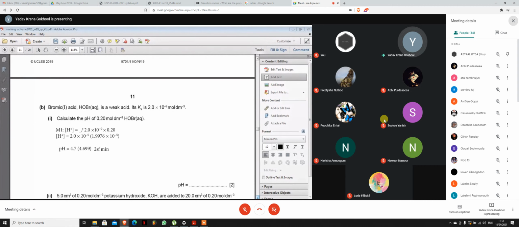The pH of a weak acid, we all know, is the square root of Ka times the concentration of the acid. So this is the concentration. Ka is given. Okay, so we have to look for H+ and then the pH.